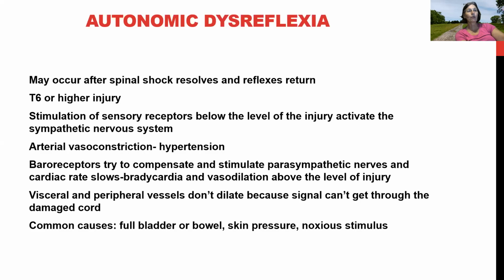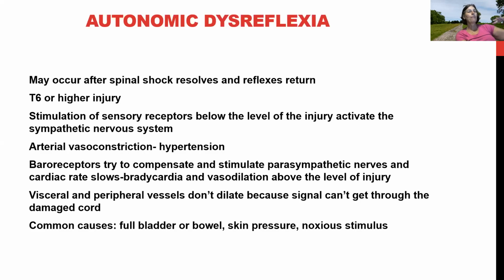Remember, they're in recovery mode. This patient is in the acute phase. They're already beginning to recover. They're getting some function back. They're getting reflexes back, and they're getting sympathetic tone back. And so it causes significant hypertension. And so the baroreceptors compensate, and they stimulate the parasympathetic nerves, and so the heart rate then slows.